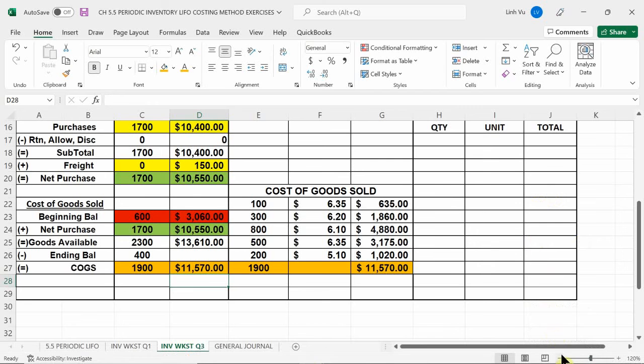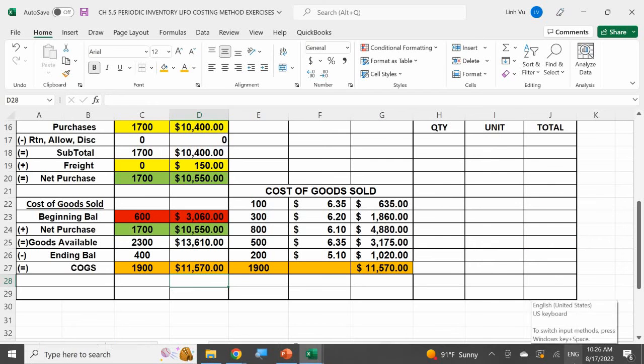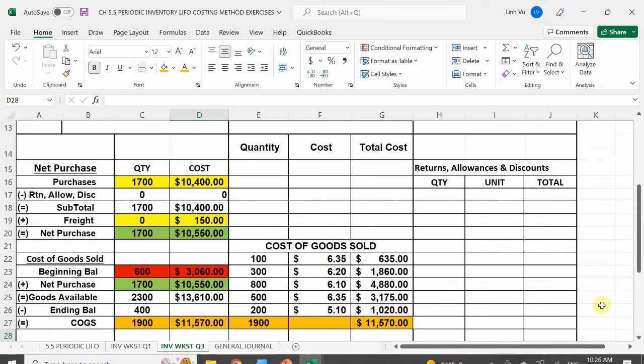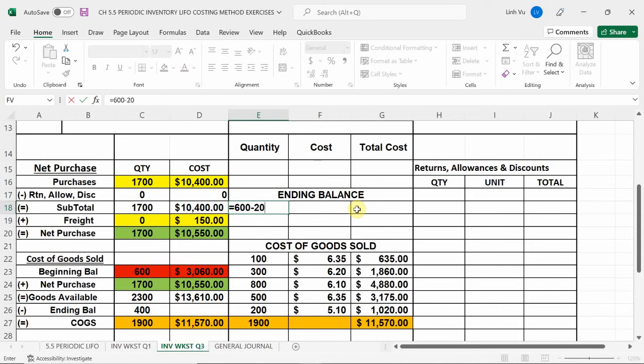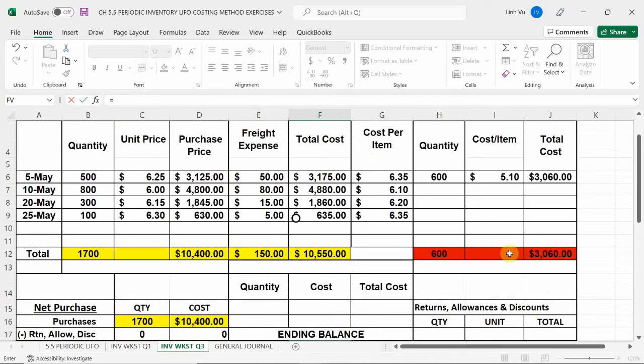Because I sold all 1,900 units, right? And now, what do I have left over? Got 400 left over. So I had 600 minus 200, which means 400. It's currently at $5.10 because I still have my beginning inventory left over.